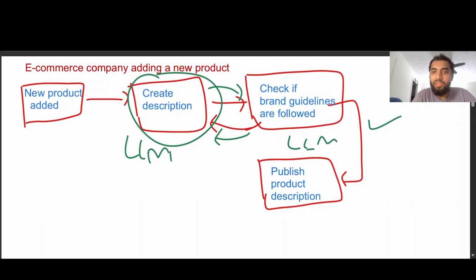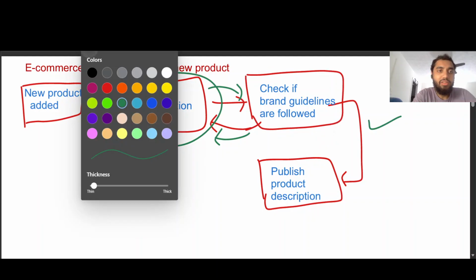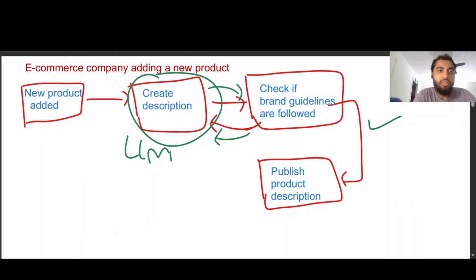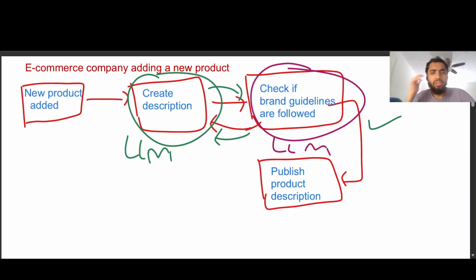So what I'll do is I will change this to a different color, maybe maroon here, or whatever color that is, let me know. So typically those would be different LLM calls with different system prompts because they do different things. And this would be an AI workflow.